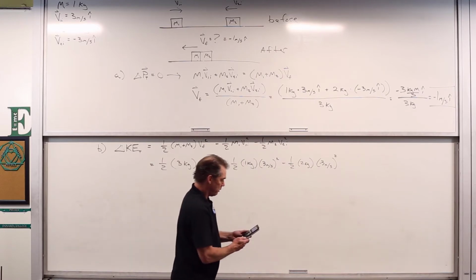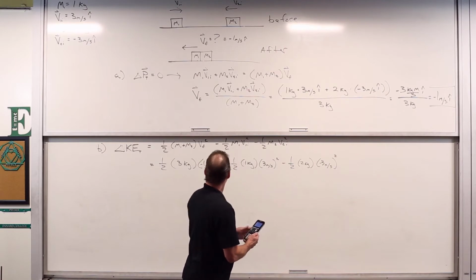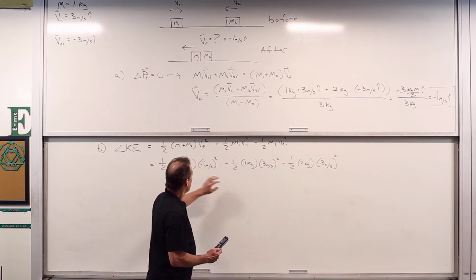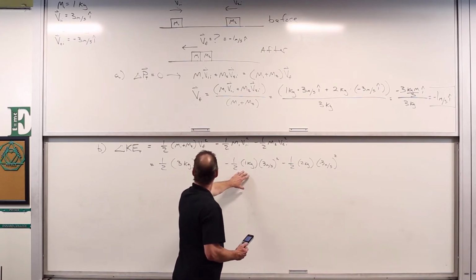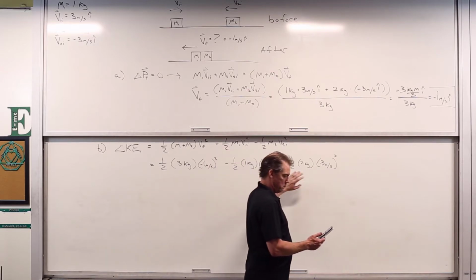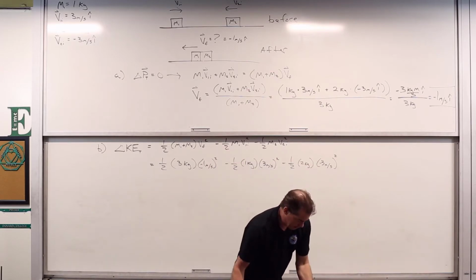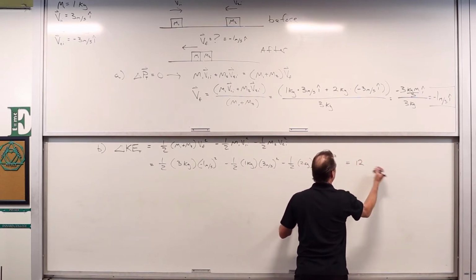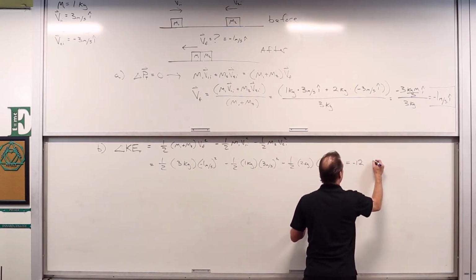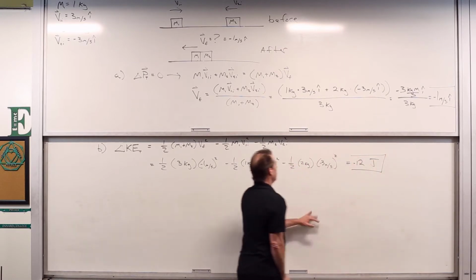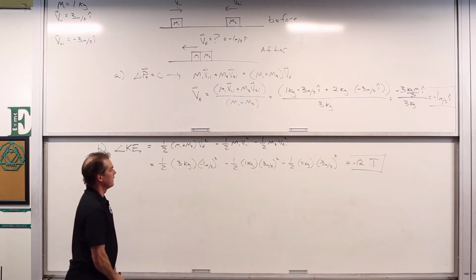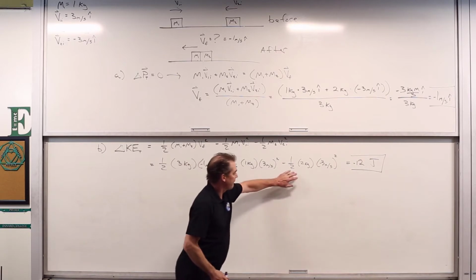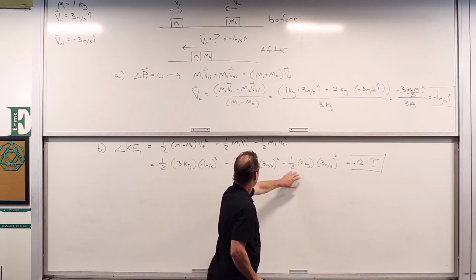So we give ourselves 1.5 minus 4.5 minus... negative 12 joules of energy. I'm forgetting this 1/2, that's why that looked weird. Oh, never mind.